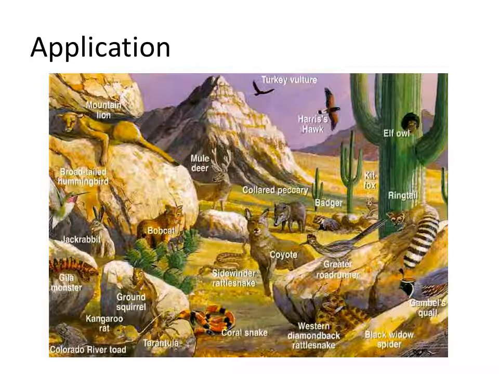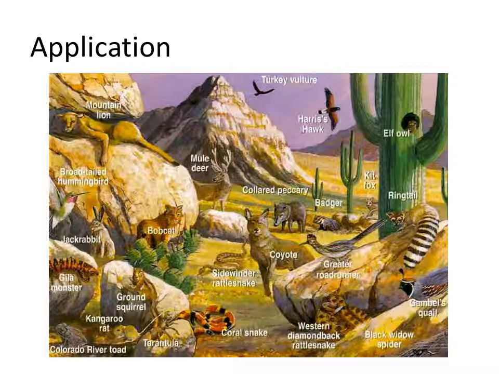Like, for example, the elf owl, which is to the right of the picture, it is using the cactus, which is a plant, for shelter.